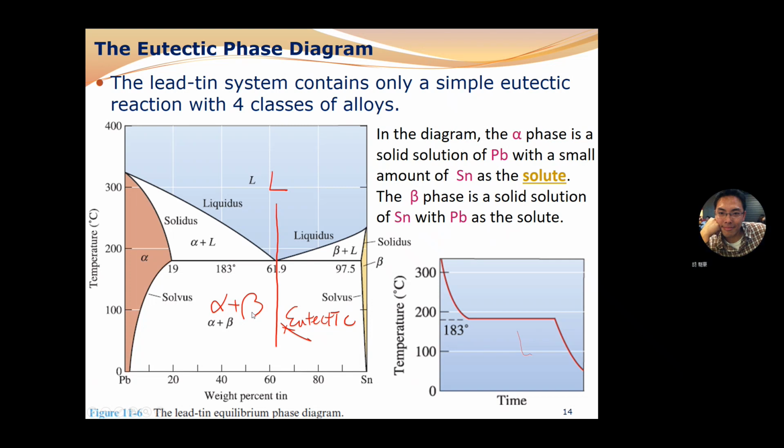Therefore, for the alpha phase, tin is the precipitate, a dispersed phase. For the beta phase, that is the dispersed phase. Okay, is that clear?